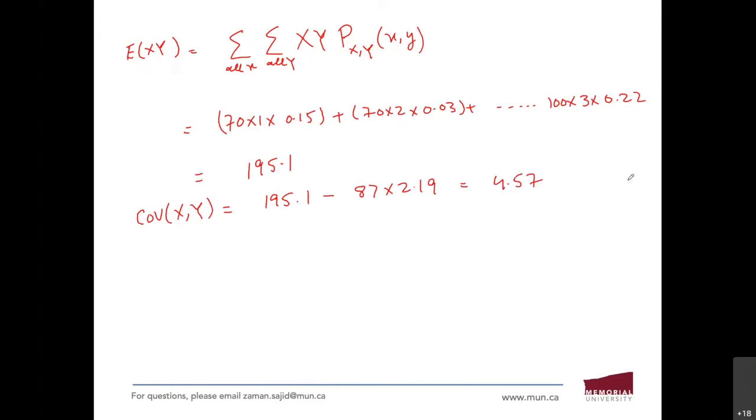Now, if you recall, the covariance we can also write as sigma of x y.